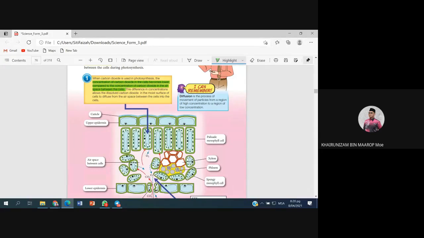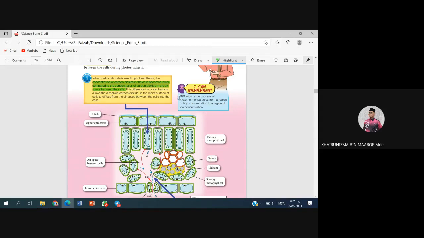So the concentration of carbon dioxide decreases inside the cell, and then the carbon dioxide outside the cell will diffuse to the cell. This difference in concentration allows the dissolved carbon dioxide in the moist surface of cells to diffuse from the airspace between the cells into the cell.